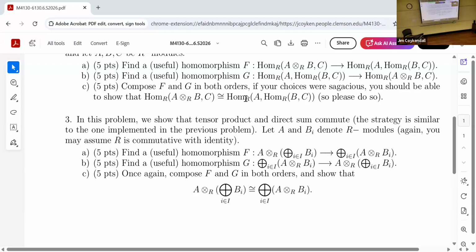And then a homomorphism that goes from the direct sum of the tensors back into A tensor the direct sum. And compose in both orders to show that these two are isomorphic. So in other words, tensor product commutes with direct sum. Anyway, I think the theme is kind of similar on all those problems.